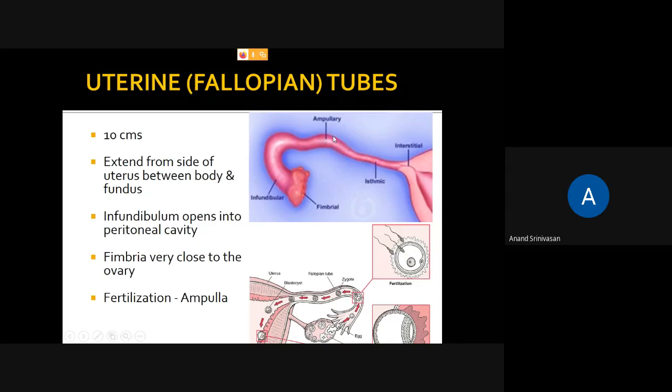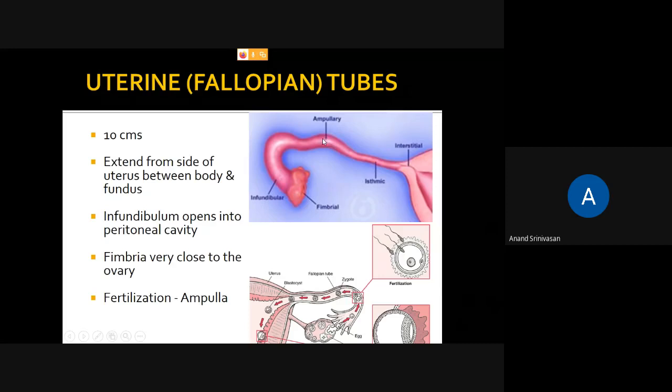Now the ampulla is the region where the fertilization takes place. So if a sperm is deposited in the female, it has to travel along the entire female genital tract. It has to travel through the uterus, and then it has to reach the fallopian tube, and finally it has to meet the egg, the ovarian follicle, in the ampulla.